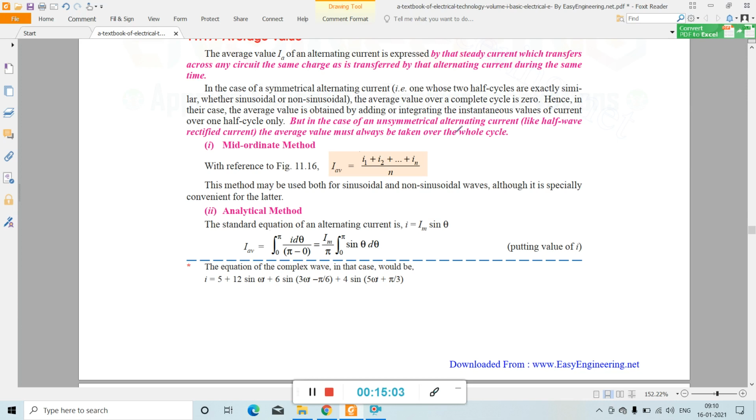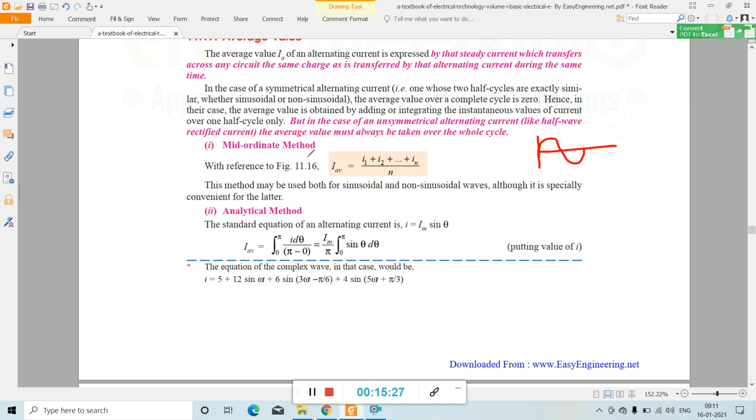That's why in case of unsymmetrical alternating current, we have to take the whole cycle. But in case of symmetrical, average should be calculated for only one half cycle, because in positive half cycle and negative half cycle the value is the same, but in reverse direction. So when we calculate average over the full cycle, it shows zero value.